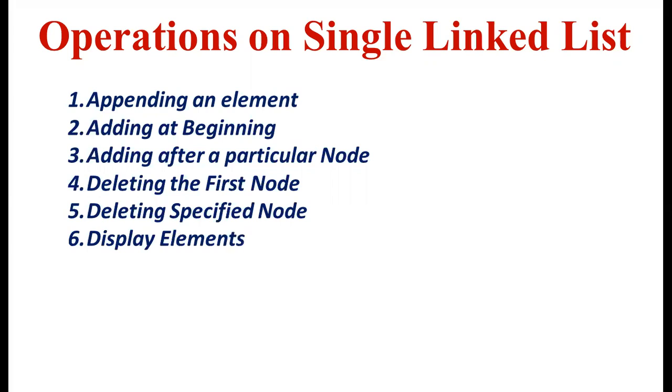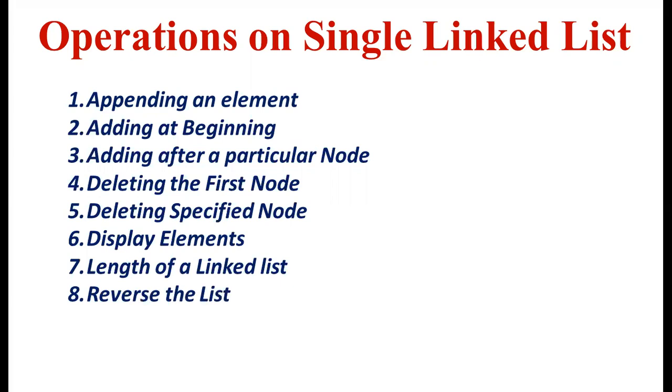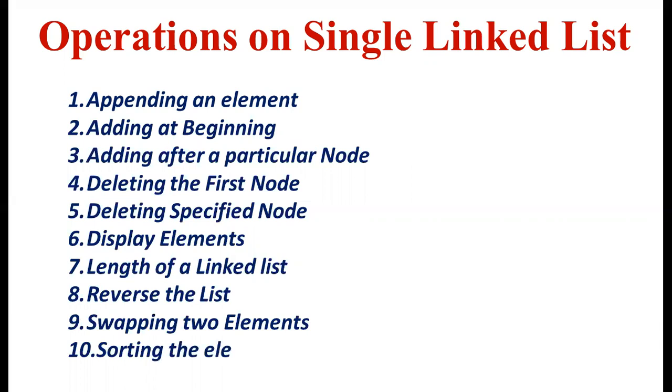The seventh one is how to find the length of the linked list. The eighth operation is how to reverse the linked list. The ninth operation is how to swap two elements in the linked list. And the last operation is how to sort the elements in the linked list.